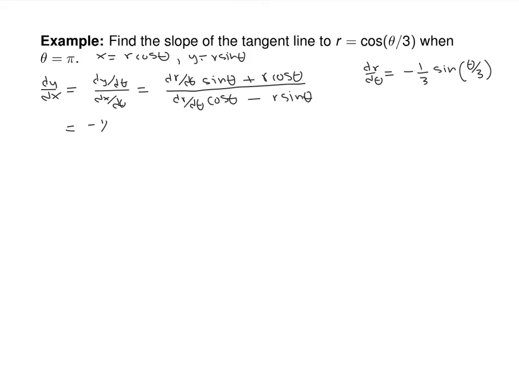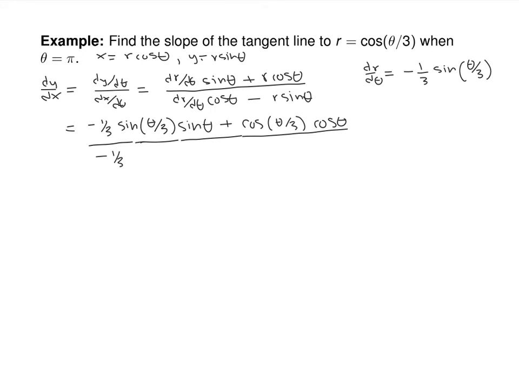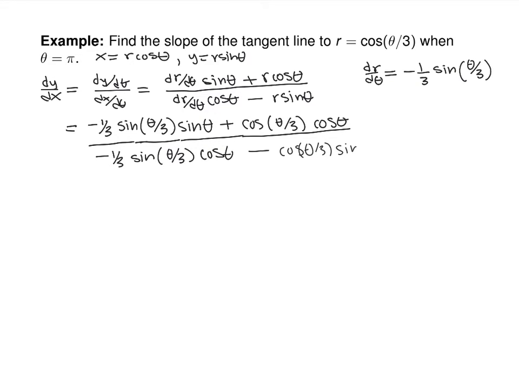So we'll have negative 1/3 sine of theta over 3 times sine theta, plus r, which is cosine of theta over 3, times cosine theta, all over negative 1/3 sine of theta over 3 cosine theta minus cosine of theta over 3 times sine theta.